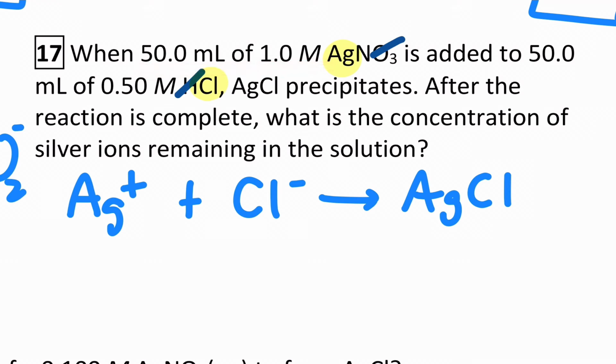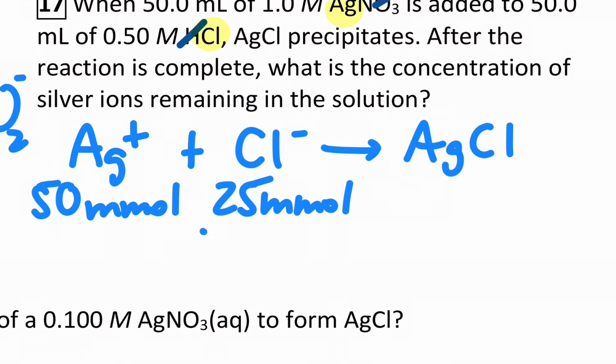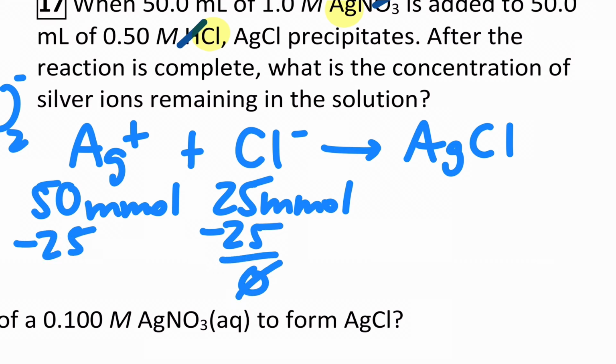So I have 50 millimoles of silver. And then I have 50 of 0.5 HCl. That's 25 millimoles of chloride. So the chloride is limiting, so I'm going to lose all of it. And I'm going to lose that amount of the silver, leaving me with 25 millimoles left over, and that's exactly what they want.